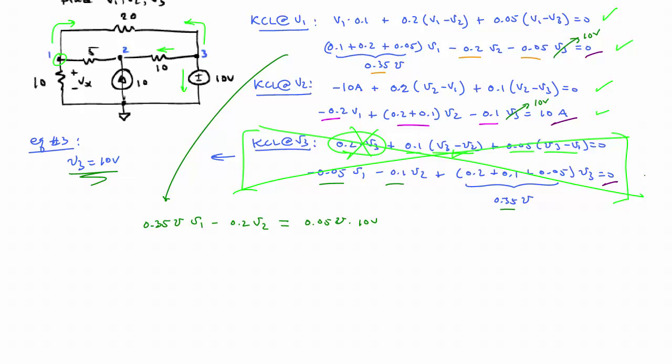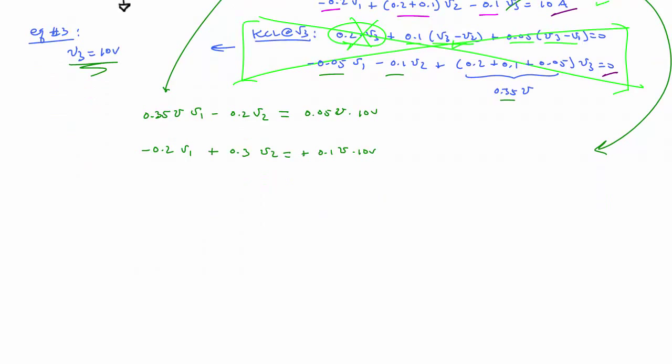Now let's do this second one. Here we have minus 0.2 V1 plus 0.3 V2 is equal to plus 0.1 mhos times 10 volts.